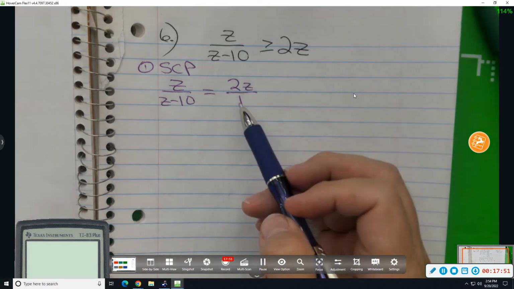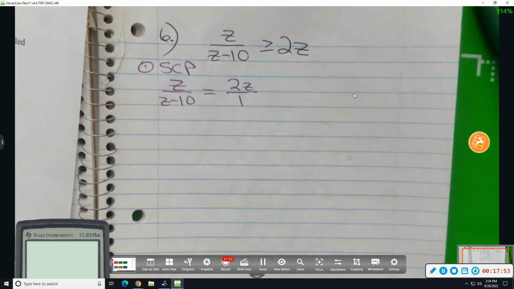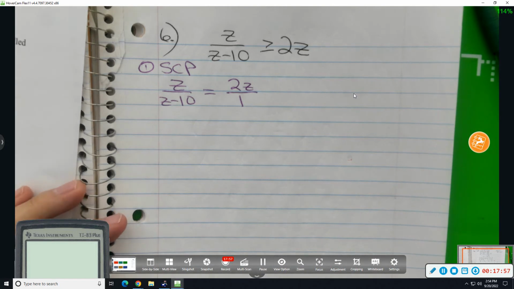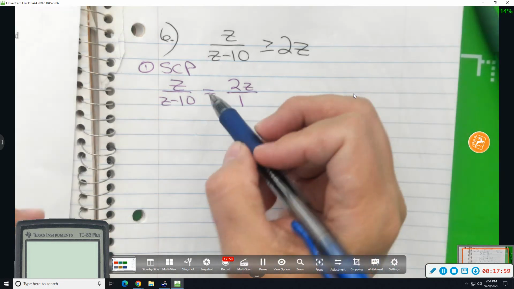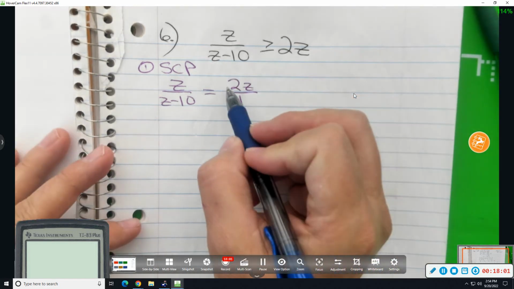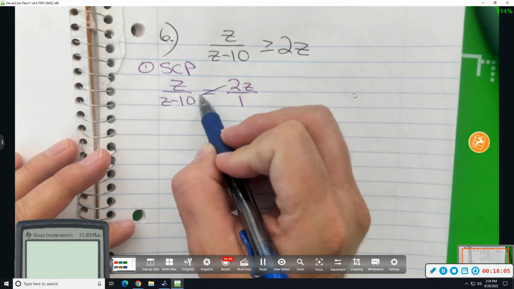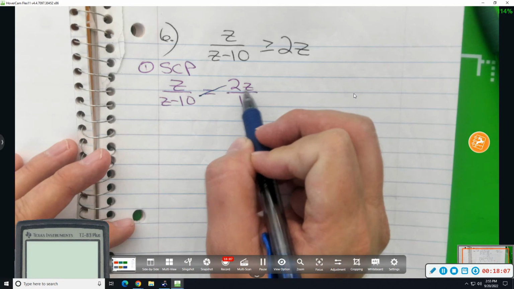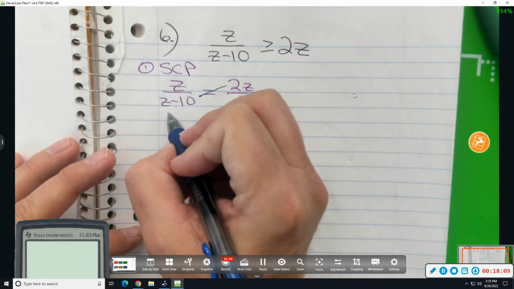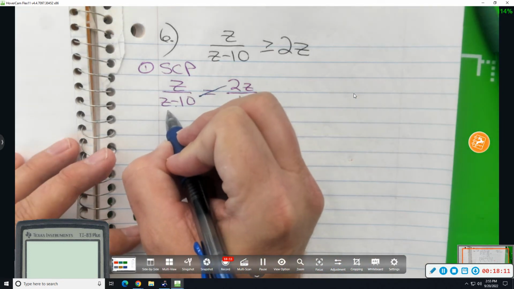Right, that 2z over 1, it's a fraction equals fraction, so you cross multiply. I was going to give him the hint, 2 words, C and M. Okay, so cross multiply. 2z times z minus 10. You have to distribute that 2z times the z minus 10. What are we going to get right here?